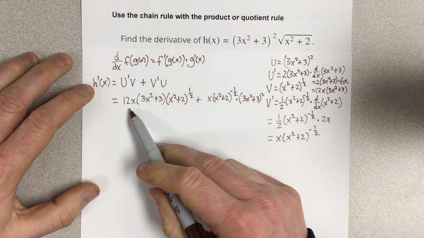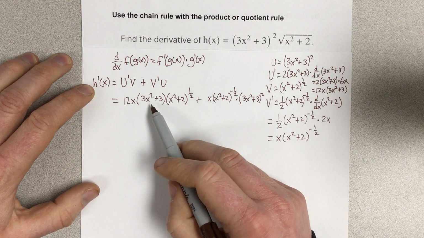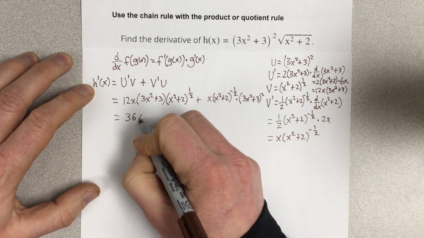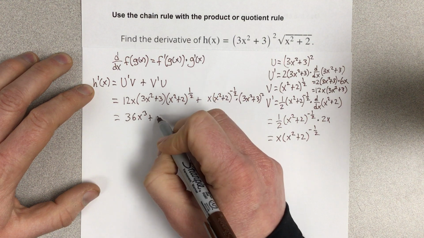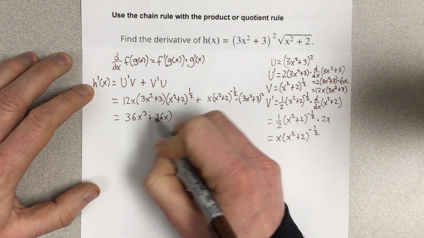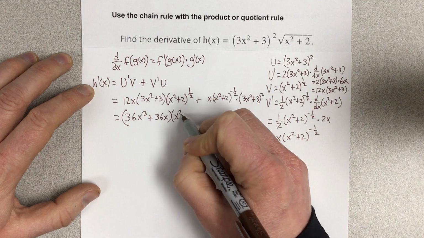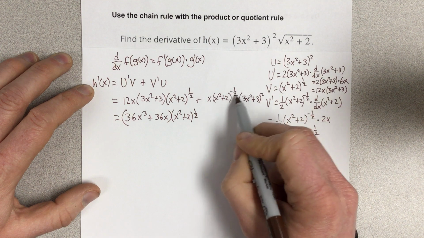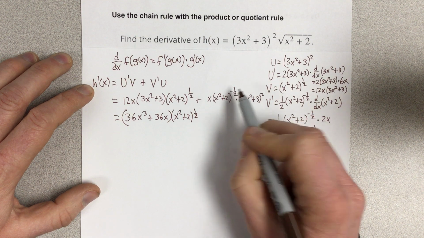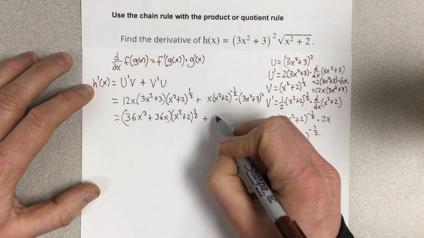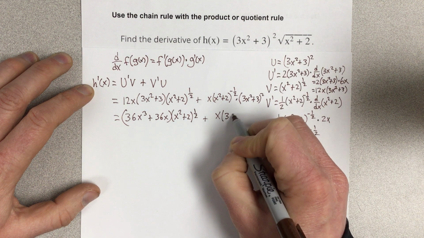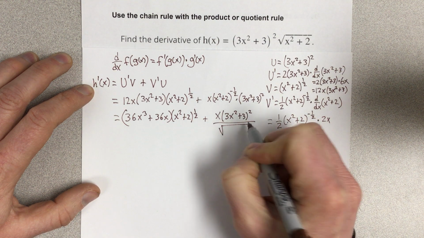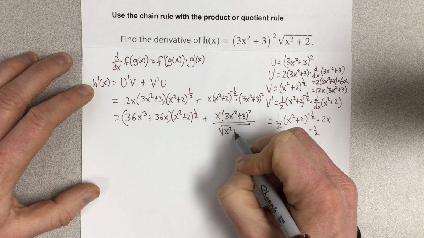You could probably multiply all this out if you wanted. Might be advantageous here. We'll do that. 12x times 3x squared would be 36x cubed plus 36x in parentheses times (x squared plus 2) to the 1/2. I could bring this to the denominator because that's a negative 1/2 power. So I could write that as plus x times (3x squared plus 3) squared over root of x squared plus 2.